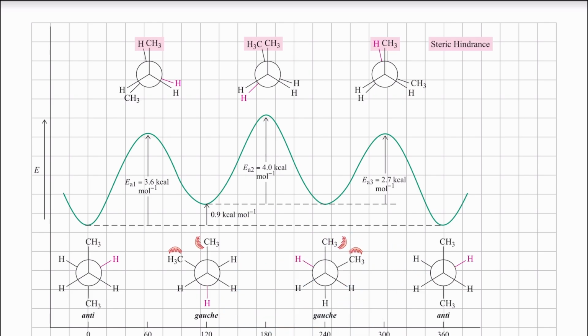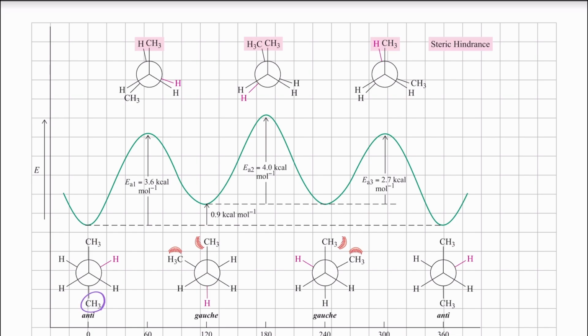It's not as much as the steric hindrance in the eclipsed conformations, but it is important. Because of this, the energy level of these two conformations is a little more than the other conformations.